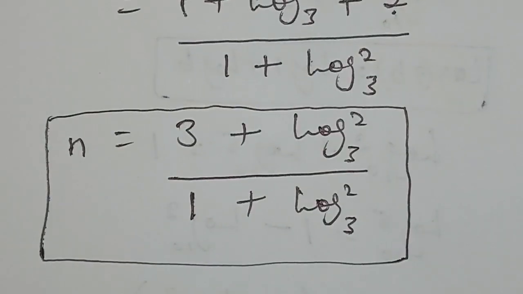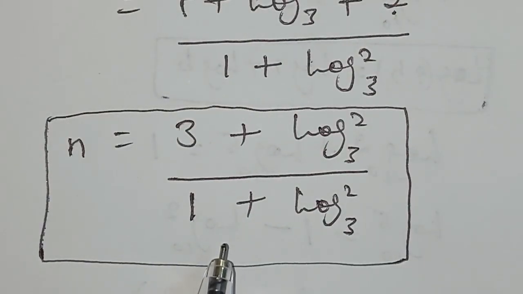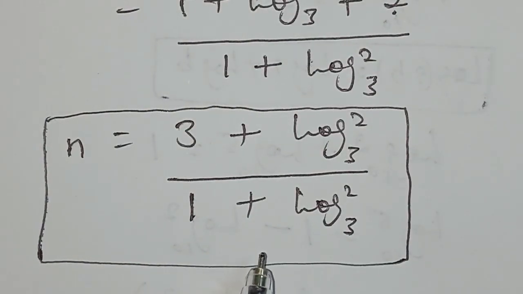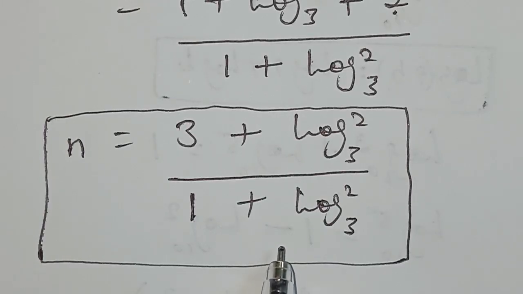This is another similar value of n, which is referred to as the single fraction form. So they are all similar values of n, and they are equal to each other.